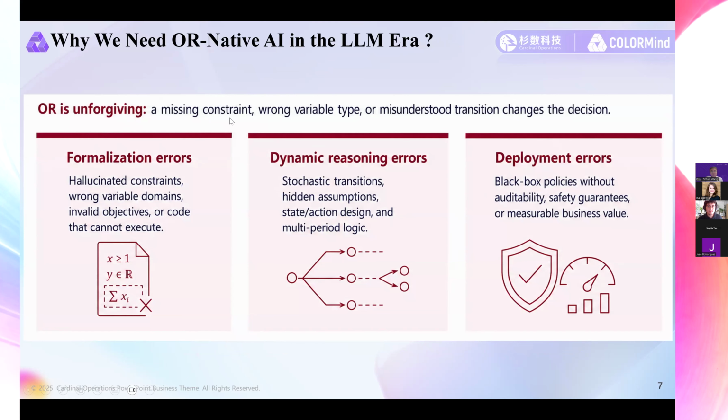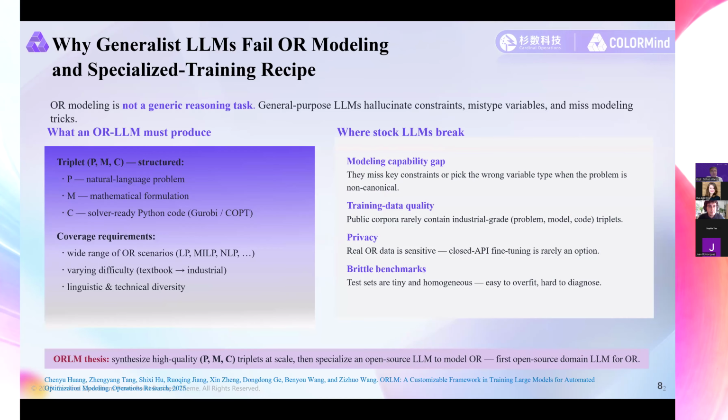Even a missing constraint, a wrong variable type, or a misunderstood part of the question may give a plainly wrong answer. Therefore, there's a need for a more specialized large language model to help solve these problems.